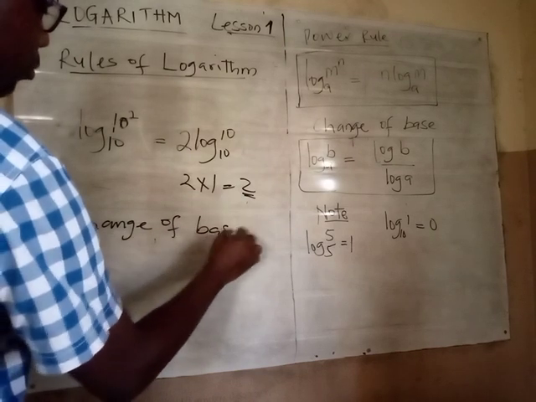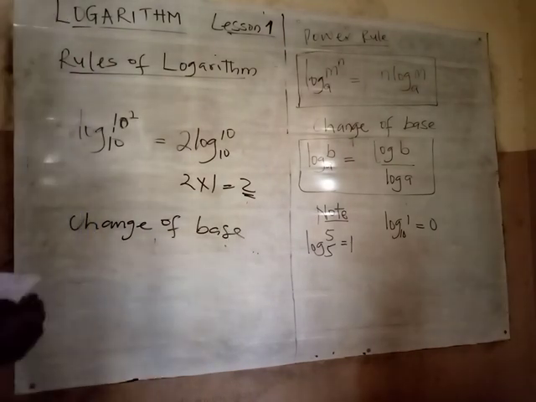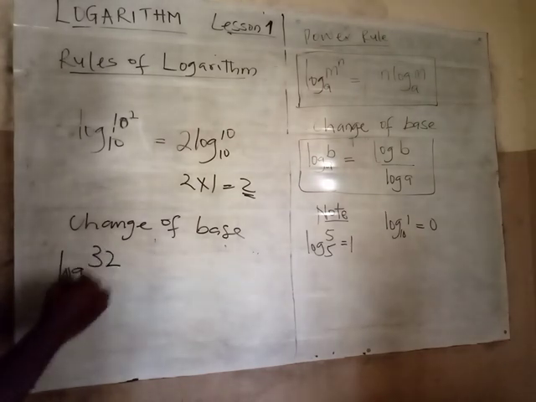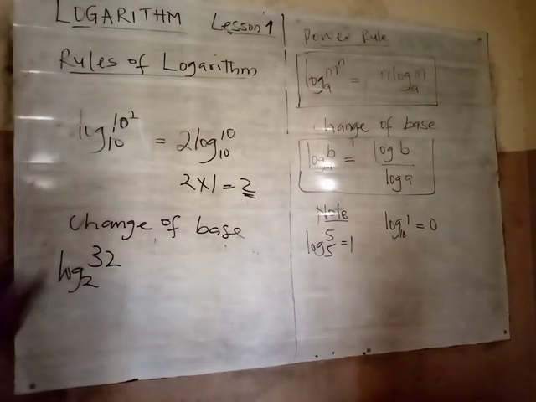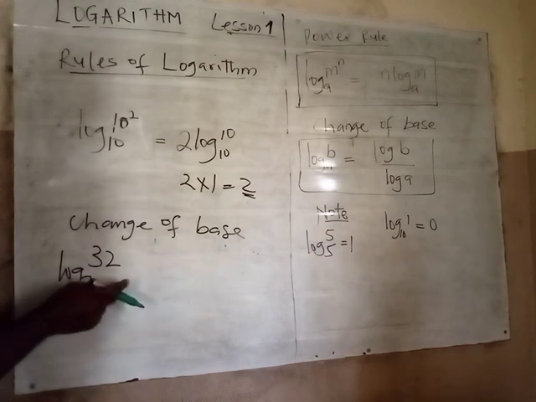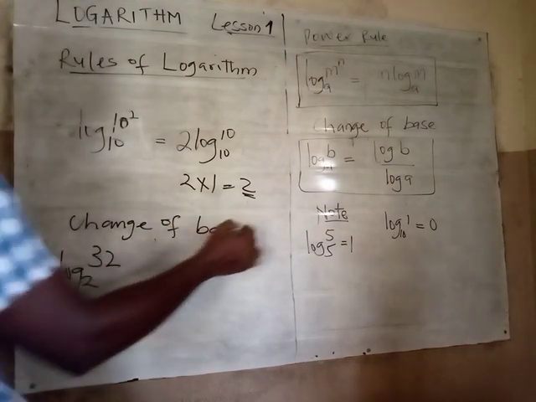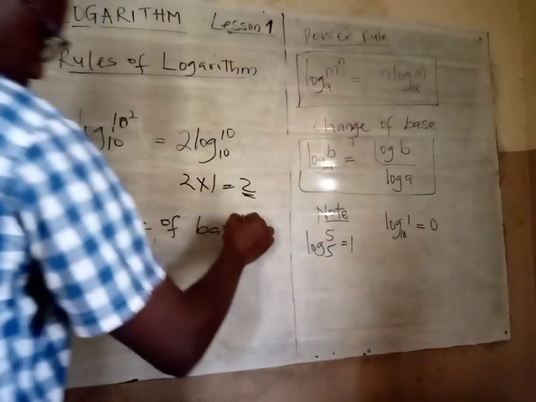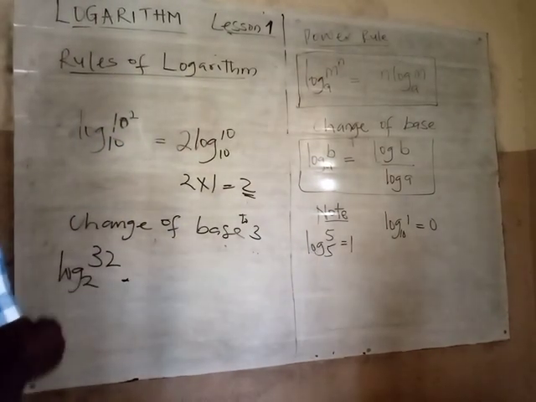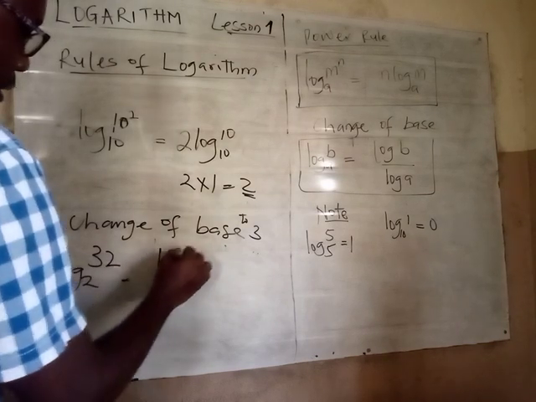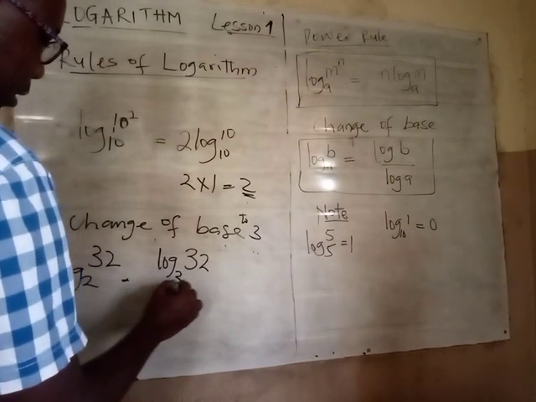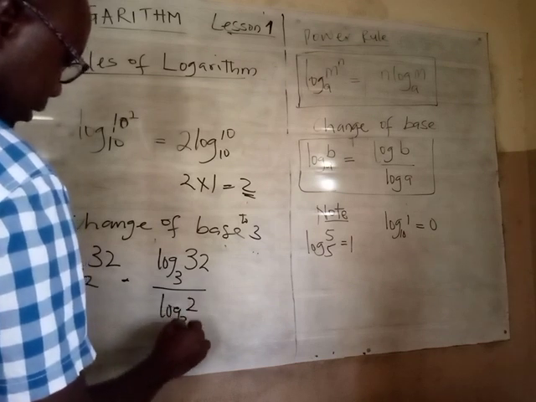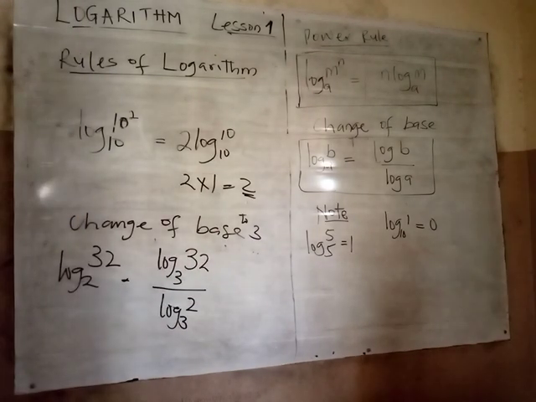When we have something like log 32 base 2, and they ask you to change this base to base 3, this thing will now become log 32 base 3 over log 2 base 3. So this is what you get.